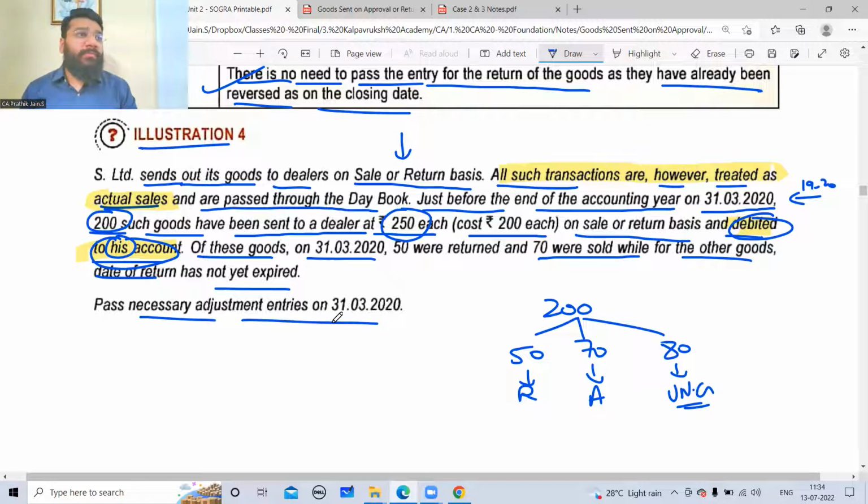I'll give you 2 minutes for all of you to complete this question, not more than 2 minutes. Very simple question.